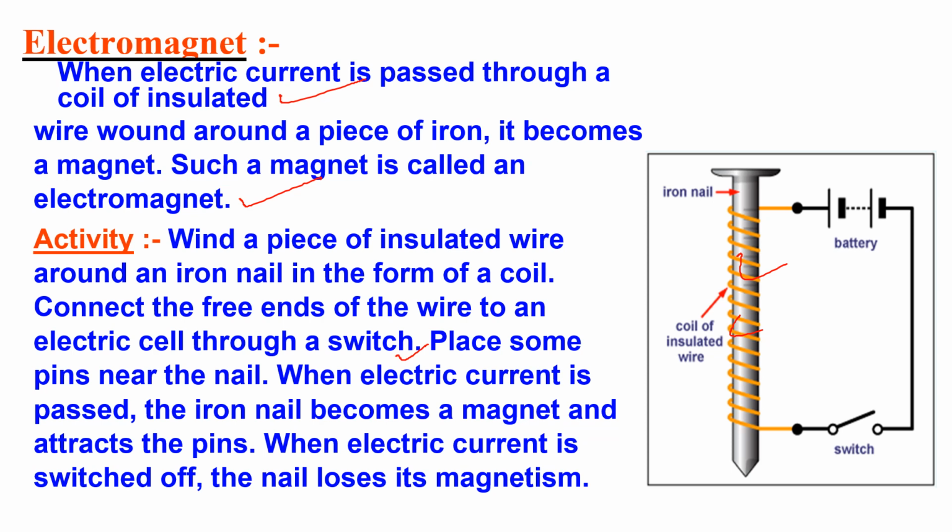When electric current is switched off, the nail loses its magnetism. When you remove the electricity flow, it loses its magnetism, right? And when you apply the current, it again gets the magnetism.